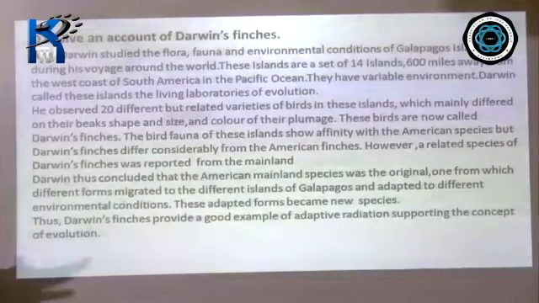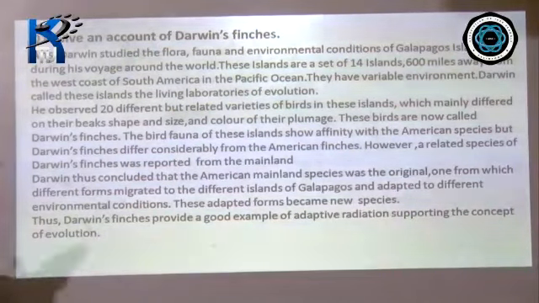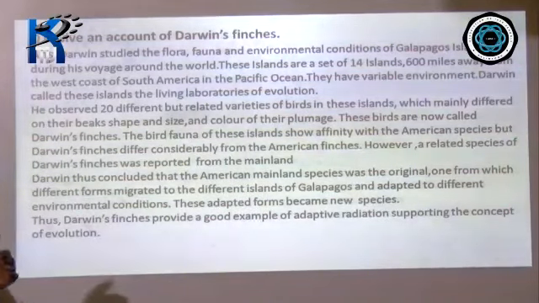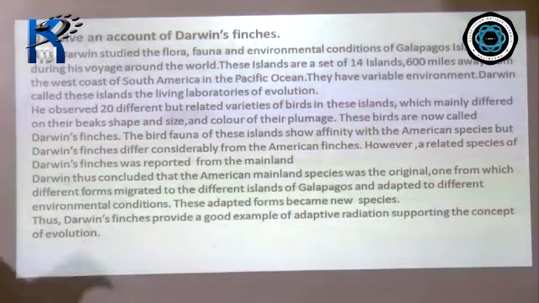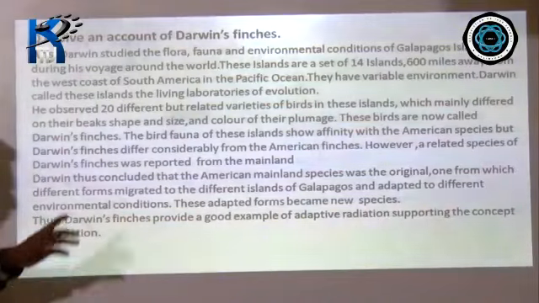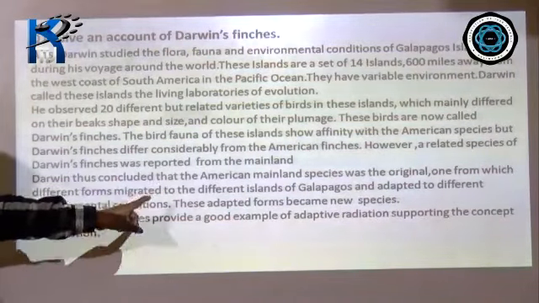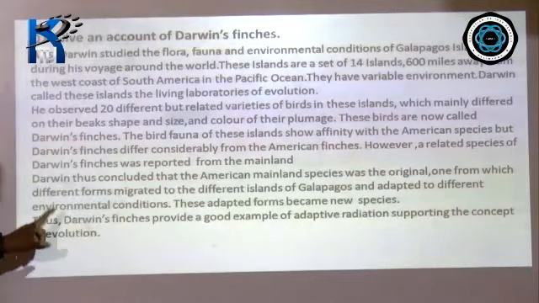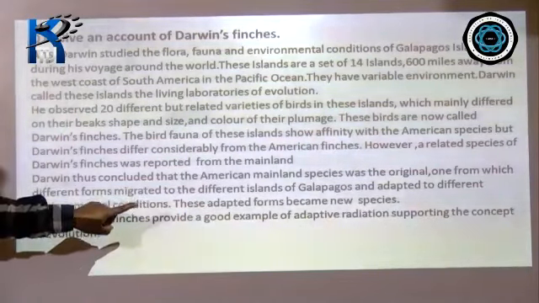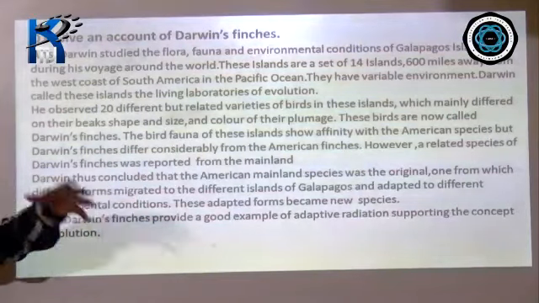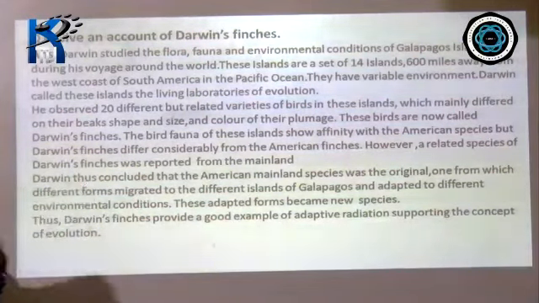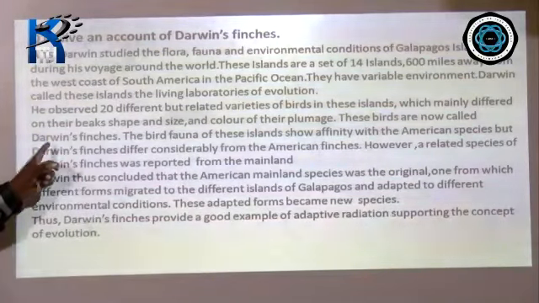From there, these finches must have gone to the different islands due to different geographical factors, environmental factors, food factors, can be anything. Due to that, on different islands of Galapagos they adapted to different environmental conditions. These adapted forms became a new species, and from the mainland, across 14 different islands, he observed 20 different types.